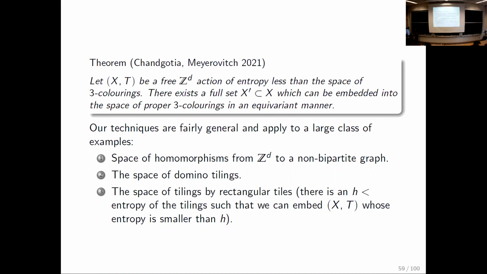Now, in the description of the space, I should tell you what the topology is, because when we say space, we probably mean some topology. So this is contained in the space of maps from the vertices. Of course, here I'm using a slight abuse of notation, using both the graph and the set of vertices.